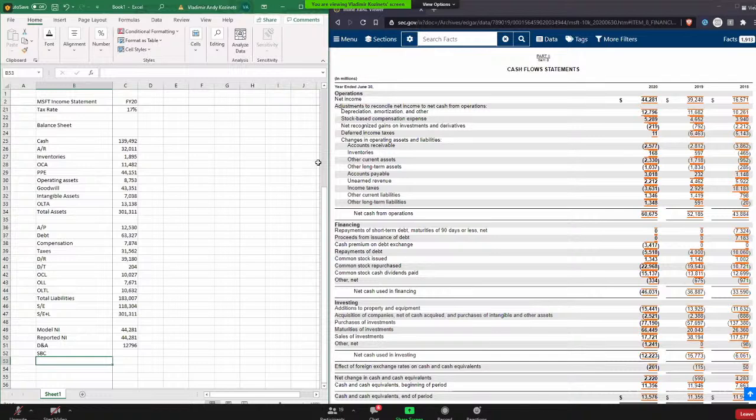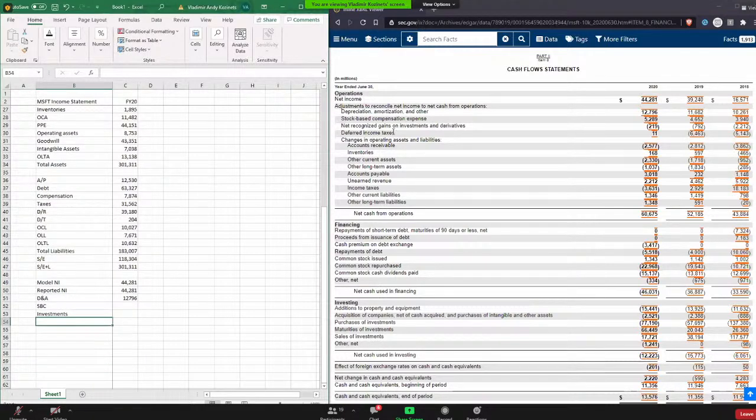Let's go with investments here. Okay. Changes, deferred taxes. Deferred taxes, changes in operating assets and liabilities. Yeah, we're not going to label that. Let me just see if I got everything so far. Stock-based, yeah. Okay, accounts receivable.